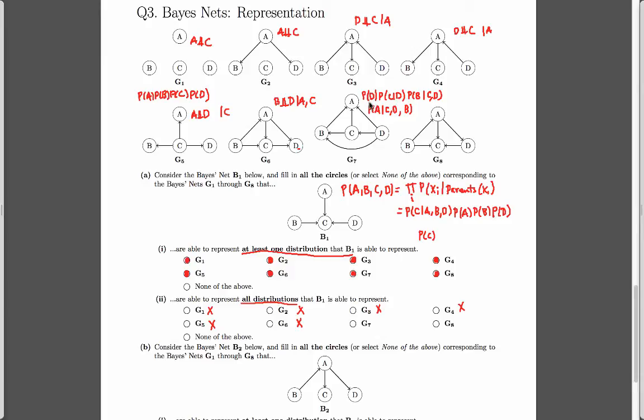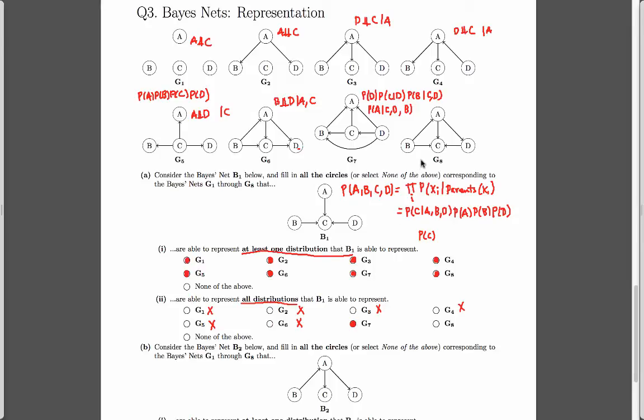We're taking one variable, multiplying by the probability of a second variable given that first variable, and so on for the rest of the chain rule. Because this representation is exactly the chain rule, it doesn't make any independence assumptions because it can't factor beyond the chain rule. Therefore, it can represent all the distributions that B1 can represent without making any additional independence assumptions, because it doesn't make any. So this is a correct option.